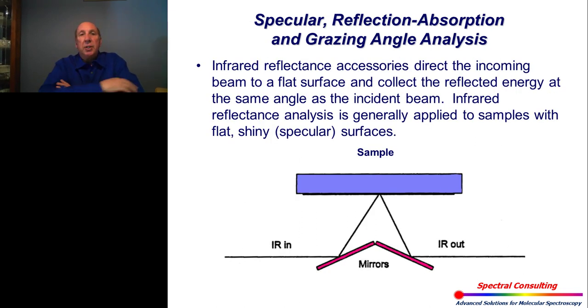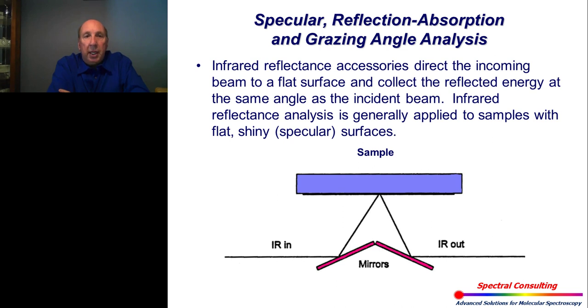So the next section is specular and reflection absorption and grazing angle analysis. These all use somewhat the same concept, where the sample is supported above two mirrors with one beam coming in, the infrared beam coming in to the first mirror, being bounced up to the surface of the sample. The light bounces right back down again to the second mirror and over to the detector.